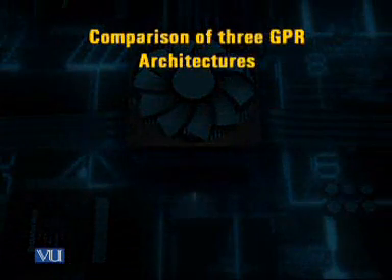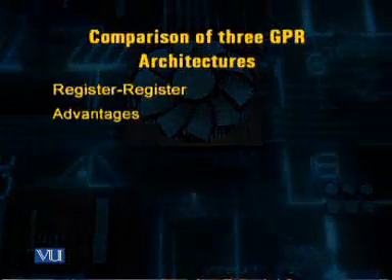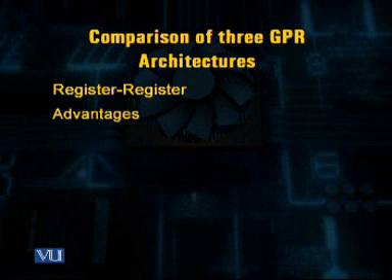With this much introduction, now we will talk about some of the merits and demerits of these types of architecture designs. For example, the register type of architecture has the advantage that it is simple and the instruction decoding corresponds to a fixed length of instruction.